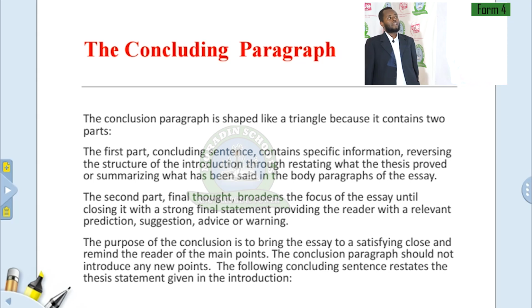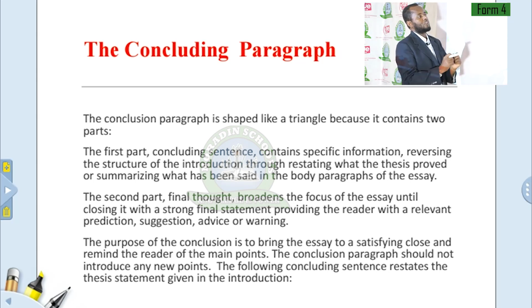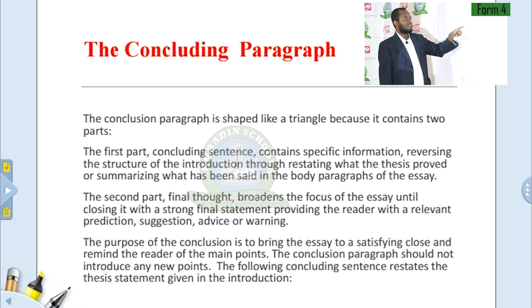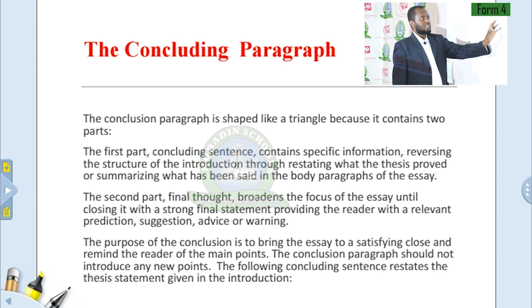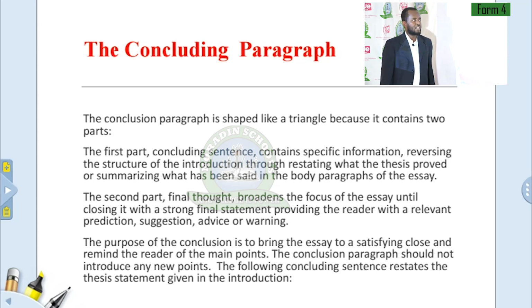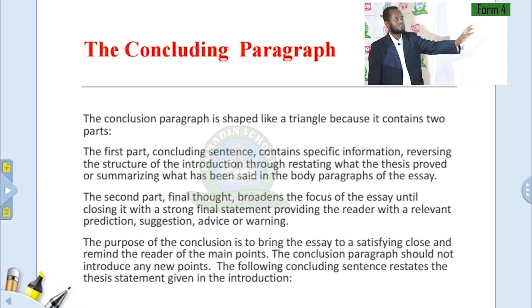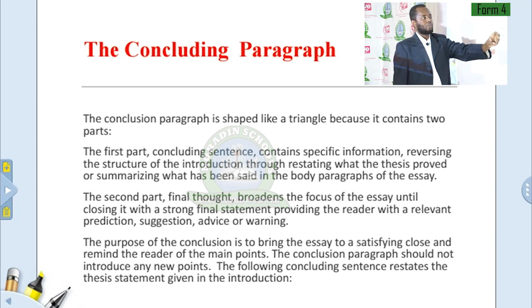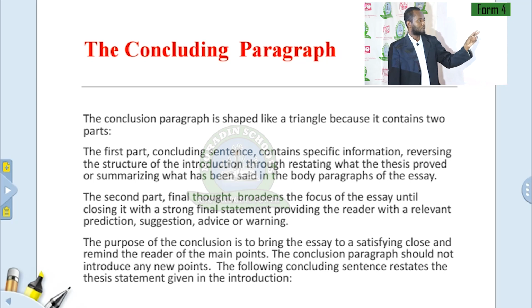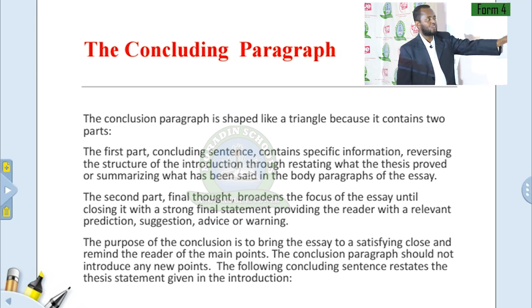So the concluding paragraph. The concluding paragraph is shaped like a triangle because it contains two parts. The first part, the concluding sentence, contains specific information, restating the thesis as in the introduction or summarizing what has been said in the body paragraphs of the essay.